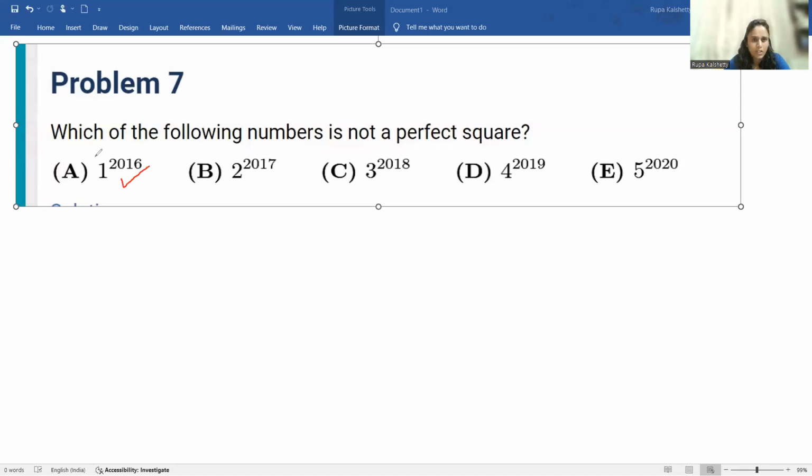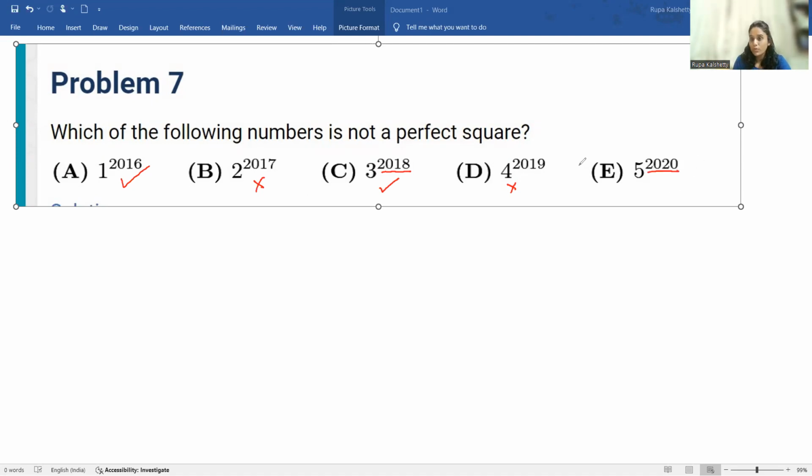Here the exponent is not an even number, so this is not it yet. Option C is 2018, so this is a perfect square, since it is even. Here there is no even exponent, so we mark it with a cross. Now E should be a perfect square again, because the exponent is an even number.